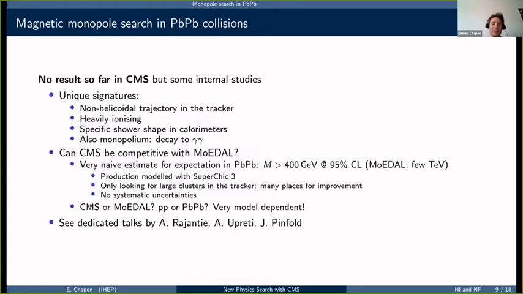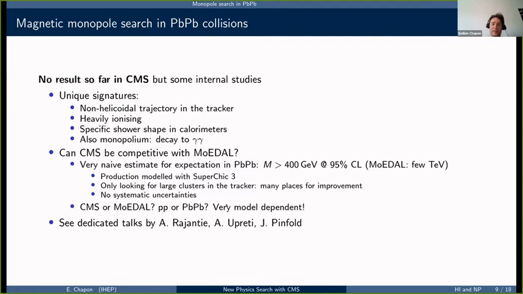But I think what we can say is that which experiment to use and also which system. So this number is considering lead collisions with, I think, the 2 inverse nanobarns that we got in 2018.